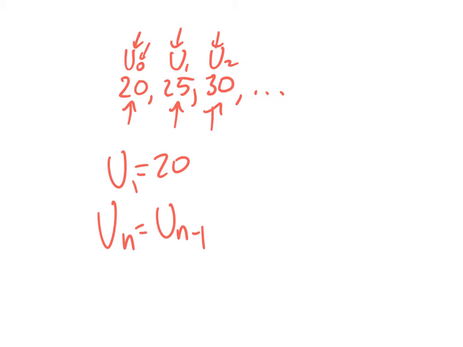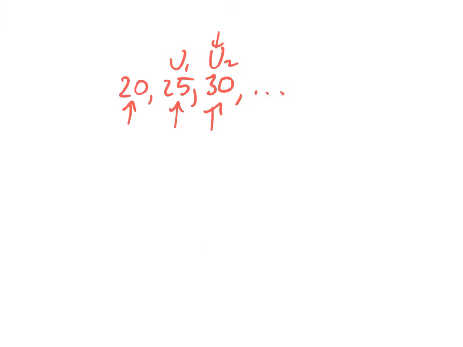All right, then last and weirdest is you can call it u sub n. Well, which one's n? Any one I want. So n is a variable, right? Don't you use a variable when you don't know what the number is? So if I said this, I want to call this spot u sub n.